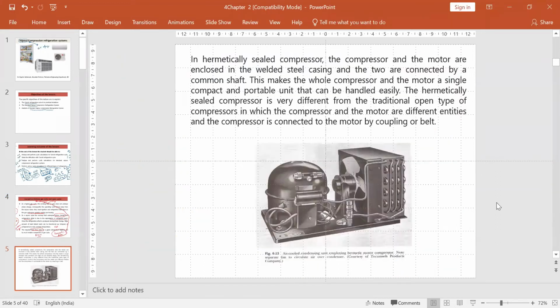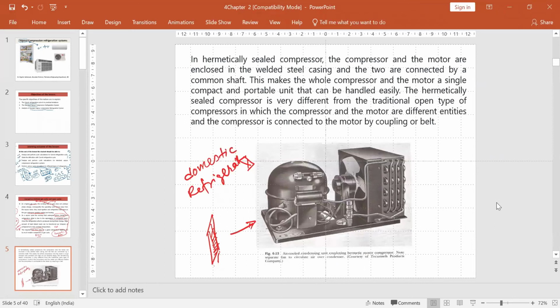Okay. Actually, this is the photograph of the back side of your domestic refrigerator. Nowadays, the refrigerator is in a closed unit, but if you look at the back side of the refrigerator, there are some fins, this is the condenser, and at the bottom back side you will see this assembly.